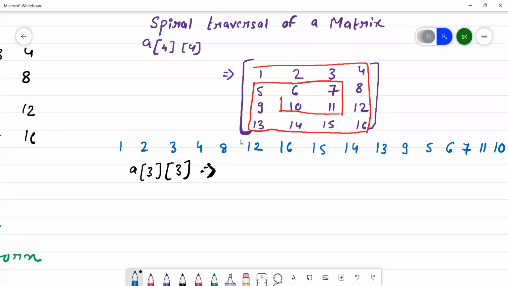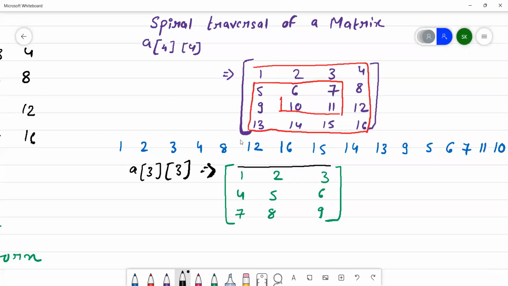Clear to everyone? I'm taking a 4x4 example. Its traversal will be like this, going from there.